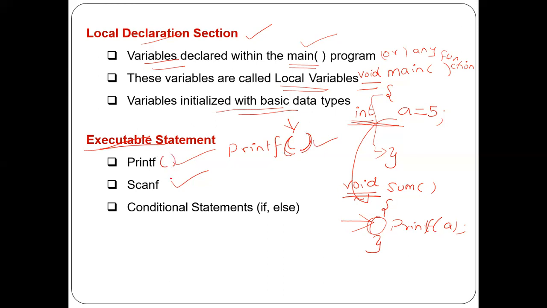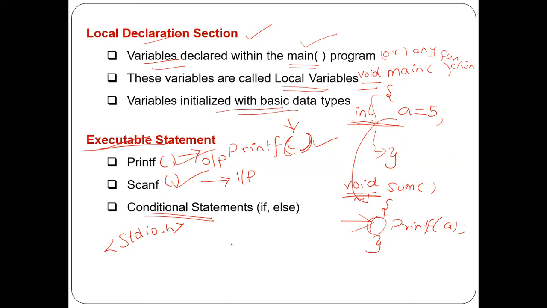You know printf is output and scanf is input. And I will ask one question here: which header file do you need to access scanf and printf? Yes, correct, stdio.h. Very good.